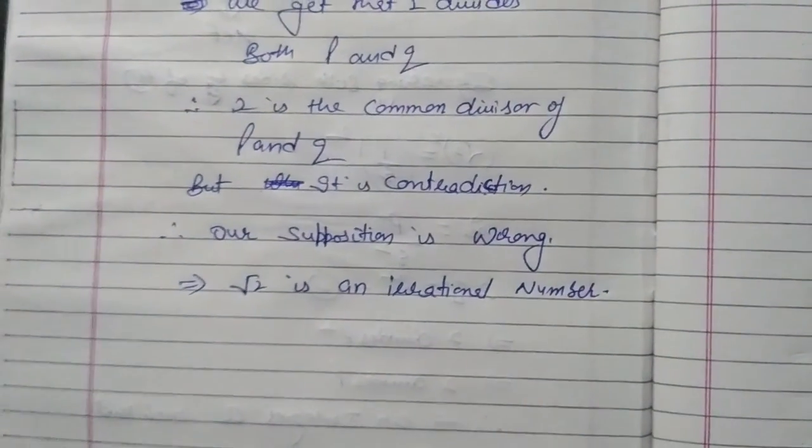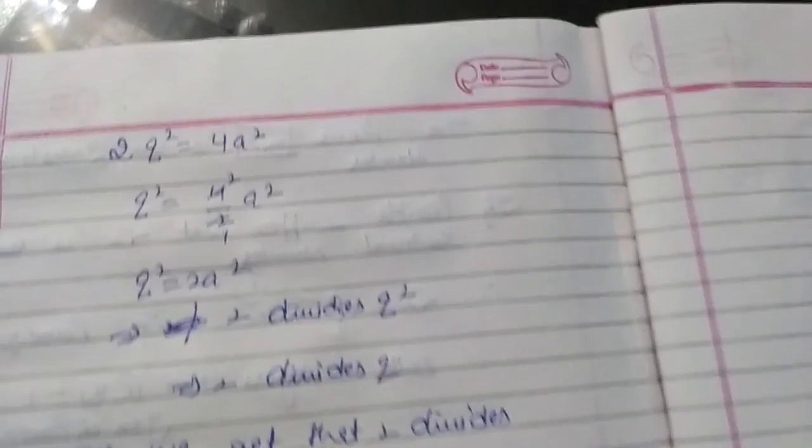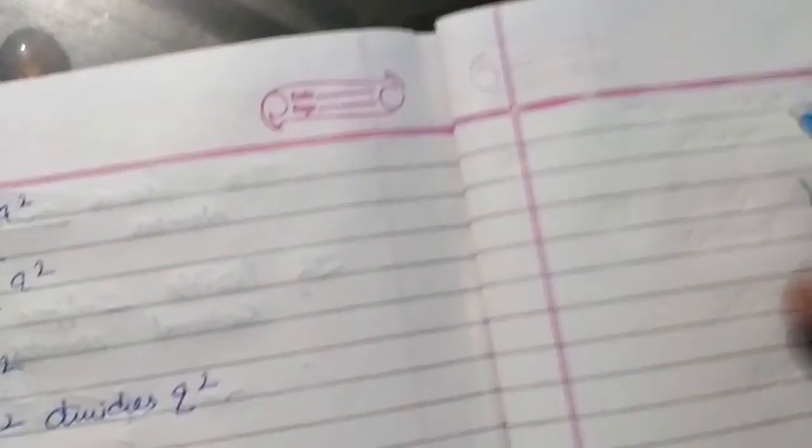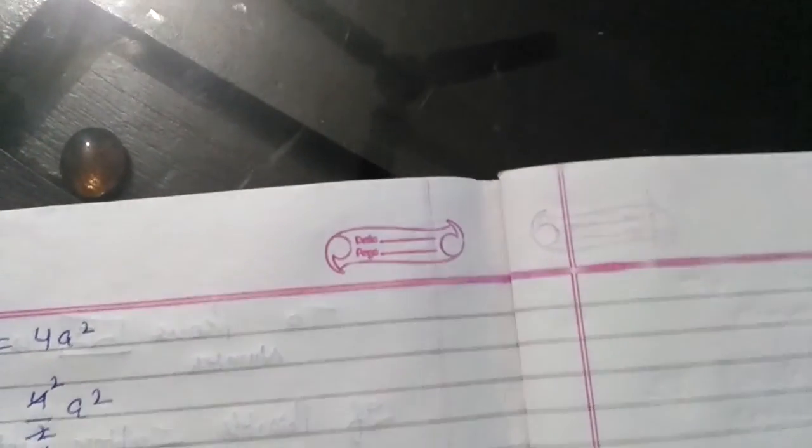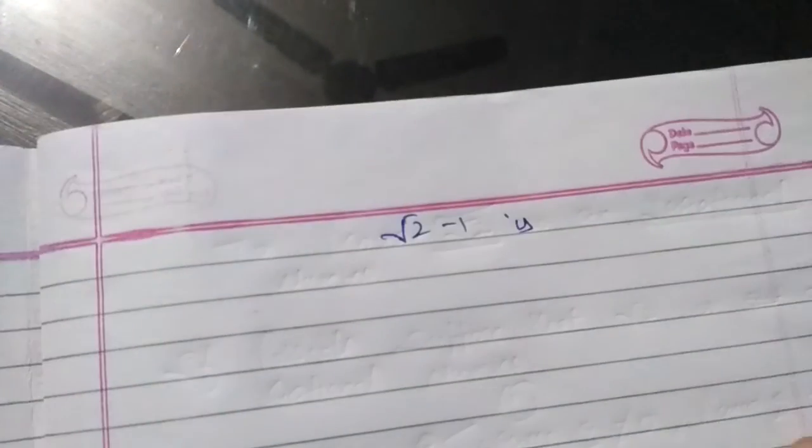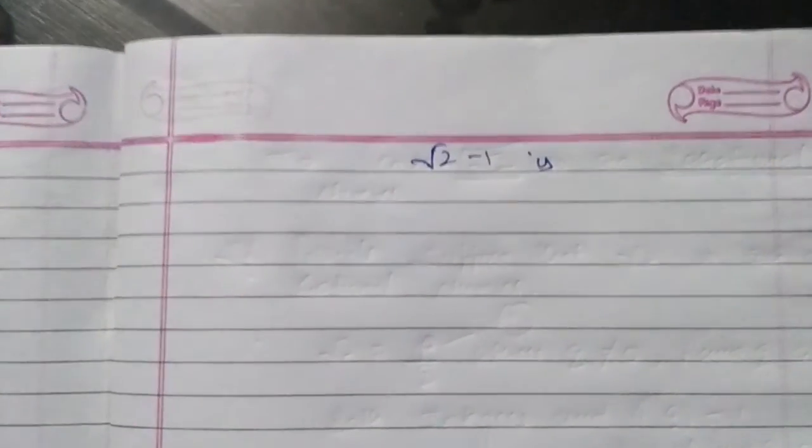Now if we have to prove that root 2 minus 1 is an irrational number, how can we prove it?